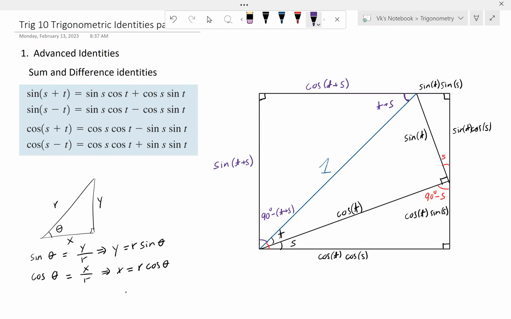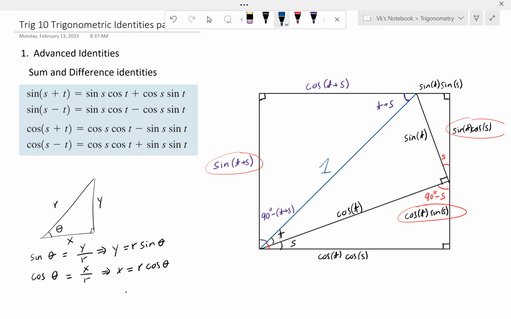We got everything here. Let's do a comparison and you see. As you can see, sine T plus S is equal to sine T cosine S plus cosine T sine S. Yay, that is the first identity.